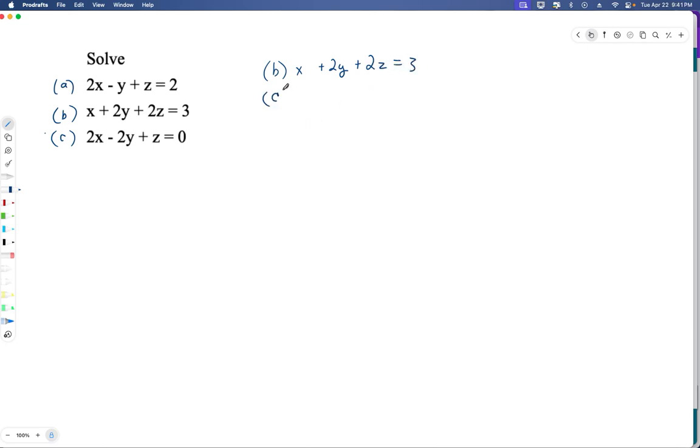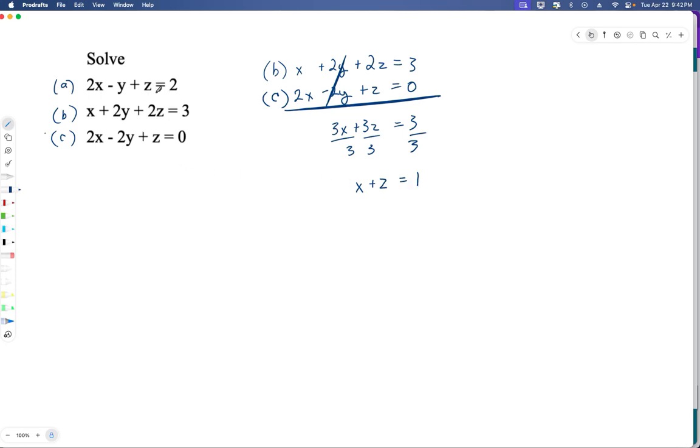And C is 2x minus 2y plus z equals 0. This cancels. 3x plus 3z equals 3. I'm going to divide everything by 3. x plus z equals 1. So that's going to let me make a substitution when we get to that point.